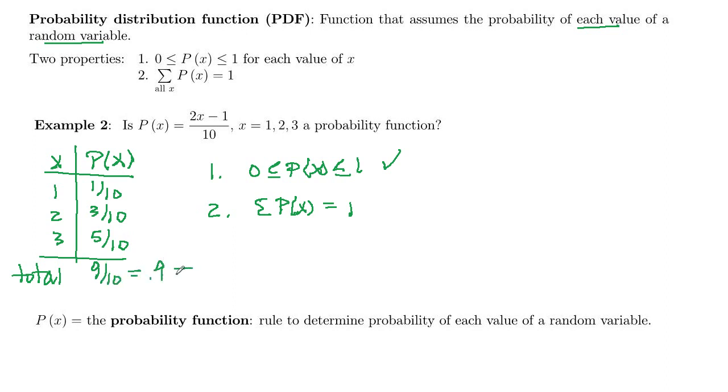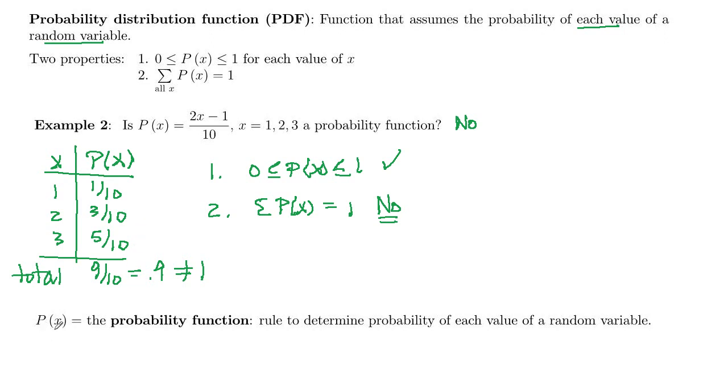And that is not equal to 1. So this one fails. So no, it is not a probability function. Second condition fails. So if either one of those fails, if right off you got a negative probability, like if one of these numbers was negative, you know it can't be a probability function. Can't have a negative probability.